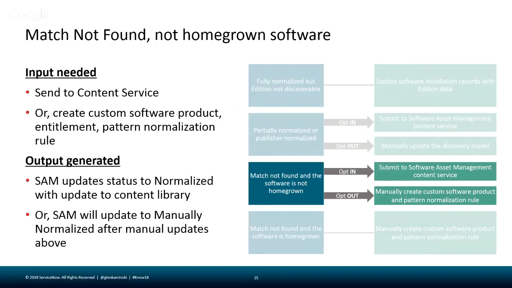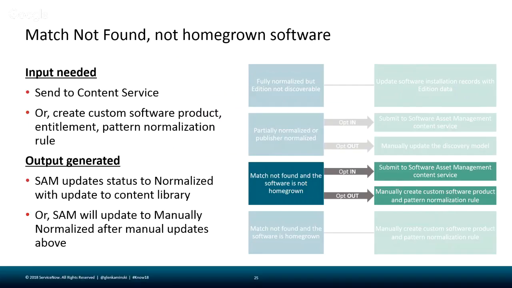If that's not an option, then create the custom software product, which is separate from the discovery model. So the software product denotes a licensable software that you wish to track entitlements for. Create that entitlement, and then you'll also create what's called a pattern normalization rule.